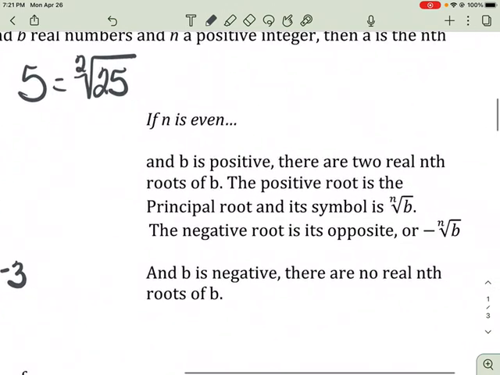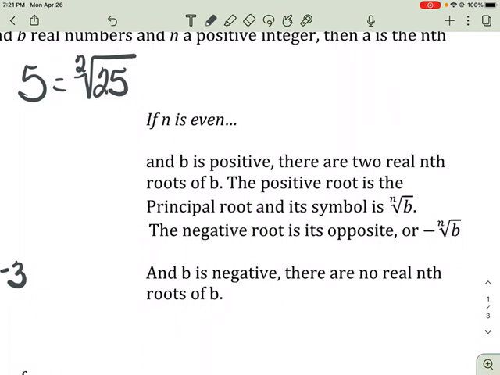But if your n is even and the number underneath is positive, there are two real nth roots of b. That means your radicand has to be a positive number, and there are two possible solutions. The positive root is called the principal root, and the symbol is the nth root of b.